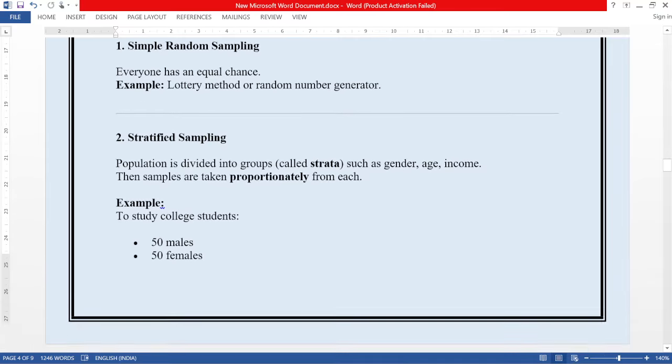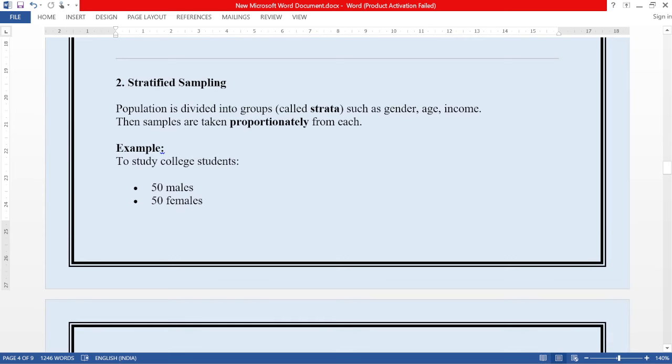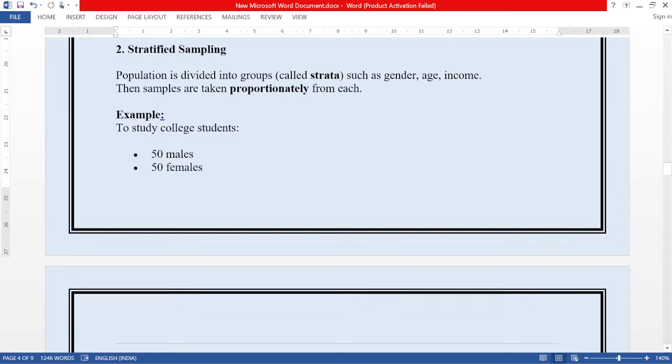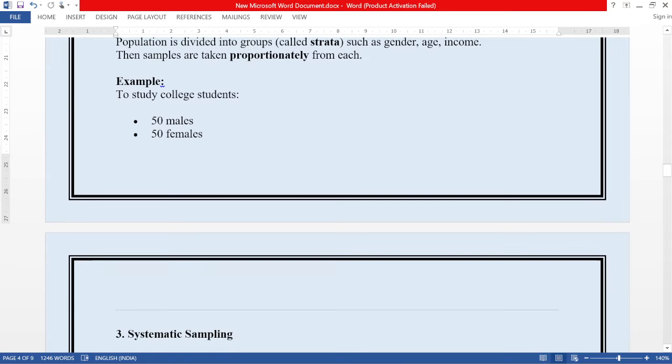Now stratified sampling. Population is divided into groups called strata, such as gender, age, income. Then samples are taken proportionately from each group. Okay, I'm just taking an example here.